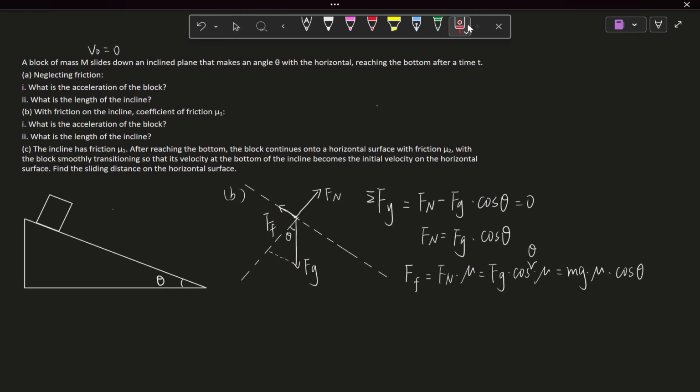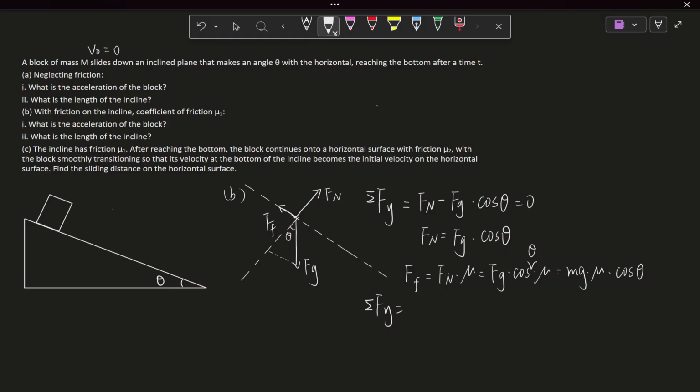So now we already figured out every component along the slope direction, which means we can now write the net force equation for the direction of the incline. Net force is equal to this component minus Ff.